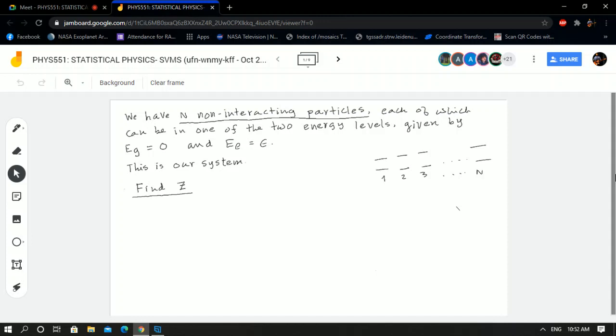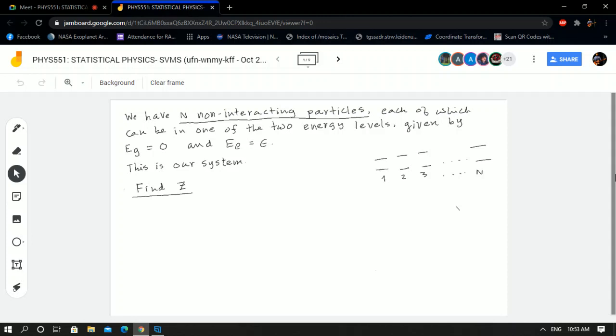So my partition function will be, for one particle, first of all, I am writing for one particle. Then I will just take Z1 to the power n for n particles. So Z1 is equal to exponential to the power minus beta multiplied by 0 plus exponential to the power minus beta multiplied by epsilon. Exponential to the power 0 is equal to 1.